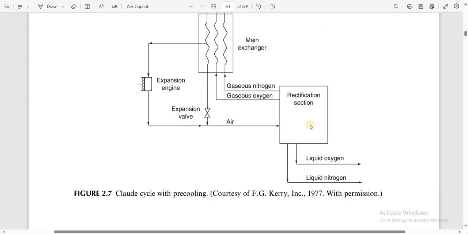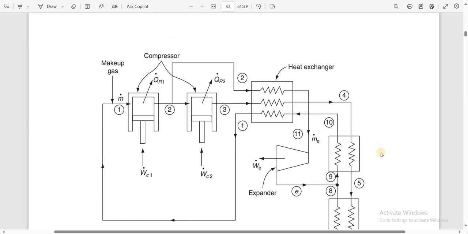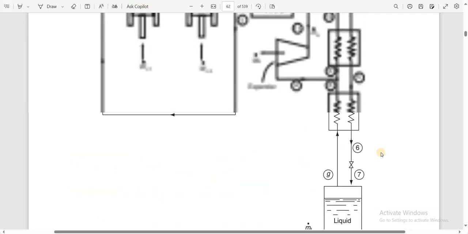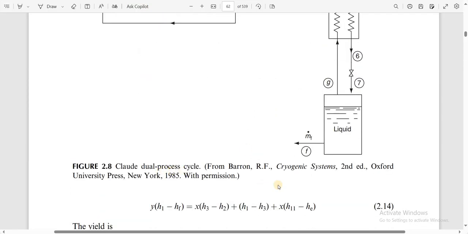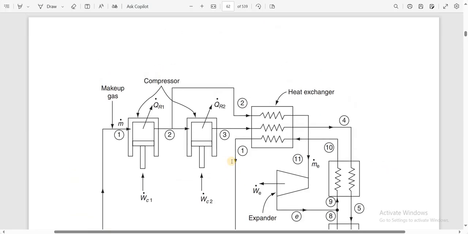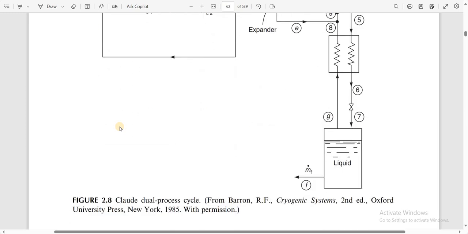So gases are taken out, but liquid nitrogen and liquid oxygen are taken out like this. This is more of a Claude diagram. Makeup gas and all this.